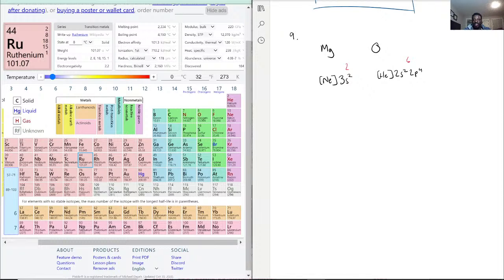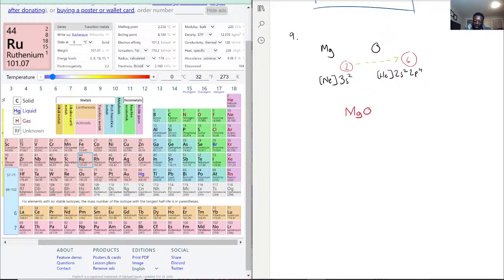It is like 8, and sometimes they either want to gain more or lose some. Magnesium conveniently can give away 2 of them, and oxygen can receive 2 of them. So it's a 1-to-1 ratio here. For the empirical formula, it'd be MgO, because it only takes 1 magnesium to give away 2 electrons, and only 1 oxygen to receive 2 electrons.